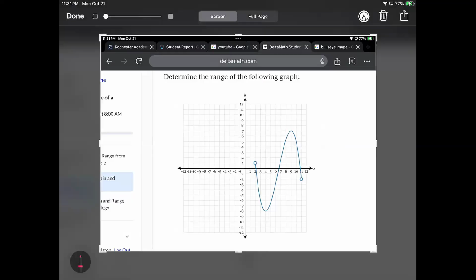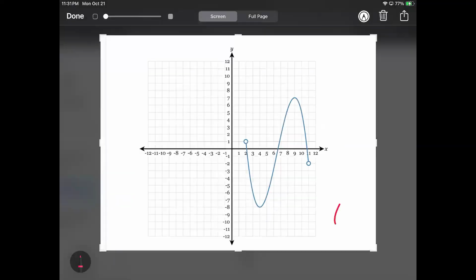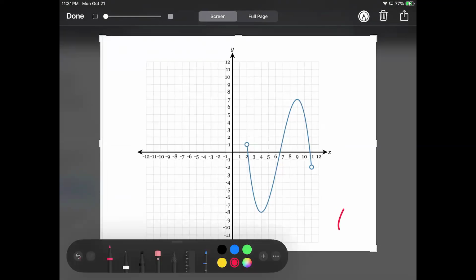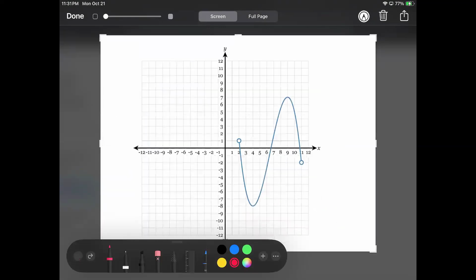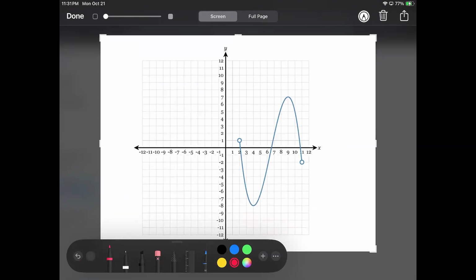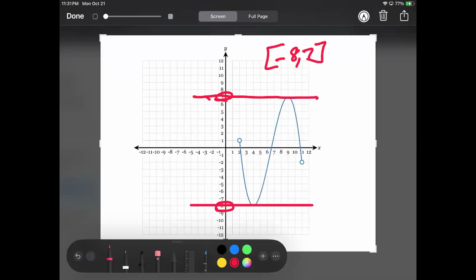So I'm going to draw a line that touches the bottom of the graph, and you can see it starts at a -8. And then I'm going to go to the top of the graph. That's going to be a +7. So the range goes from a -8 to 7, and we're going to put it in brackets, because we actually touch those output lines.